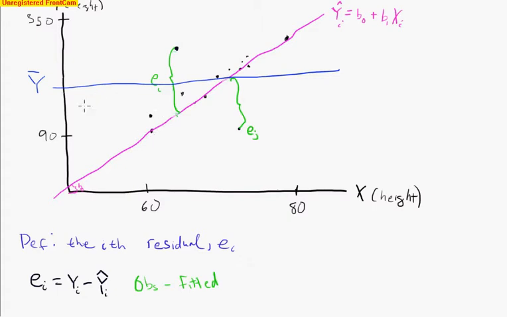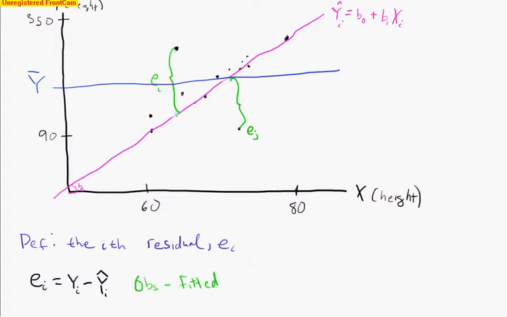So you'll notice three types of variation. We've already talked about how far each person outlies, or the distance, the ith residual of each person, which is their observed value minus the fitted value. But also there's the distance of how far they are from their mean.